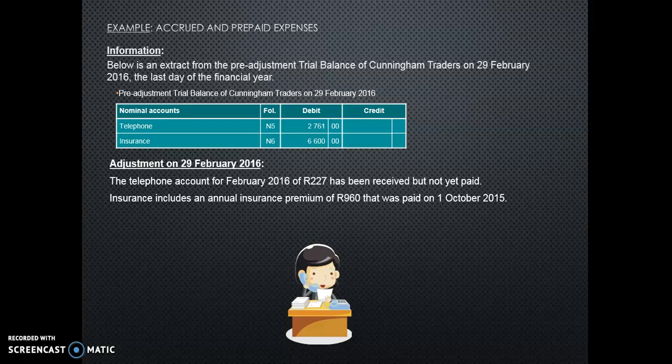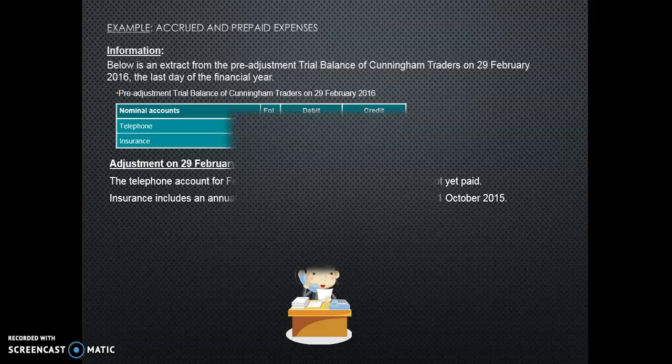Because if you apply the GAAP, the Generally Accepted Accounting Practice principles, it must be the most up-to-date information. So the telephone account has been received but not yet paid, and insurance includes an annual premium. So if you say something is annually paid, it's paid for the next year. There are 12 months in the year, so we'll work out now how much of that year is in the current financial period.